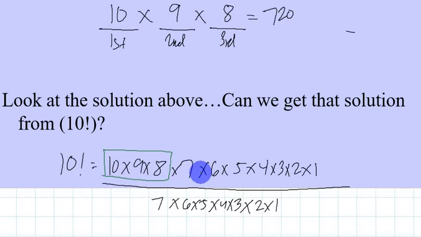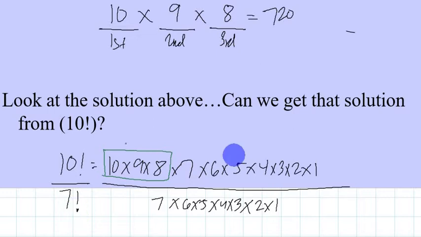Because this is multiplication and the only way to cancel or remove expressions via multiplication is division. But 7 times 6 times 5 times 4 times 3 times 2 times 1 is actually 7 factorial. So to get my 10 times 9 times 8, I need to divide my 10 factorial by 7 factorial.